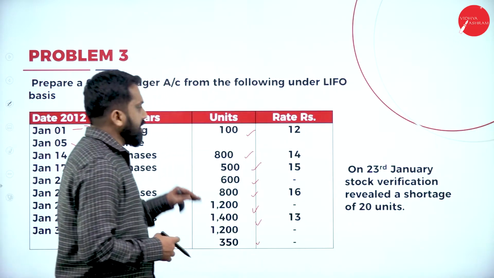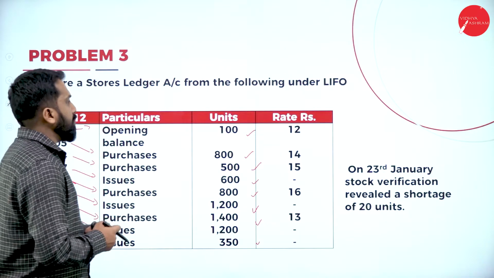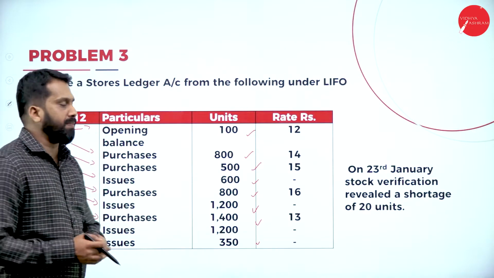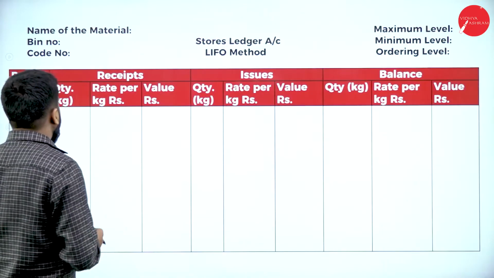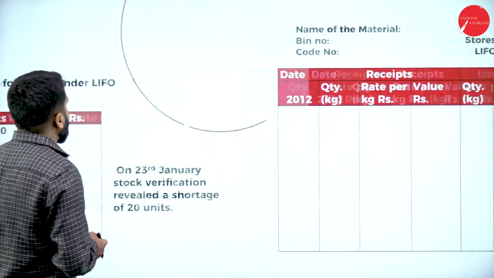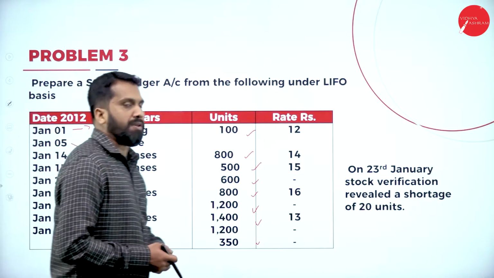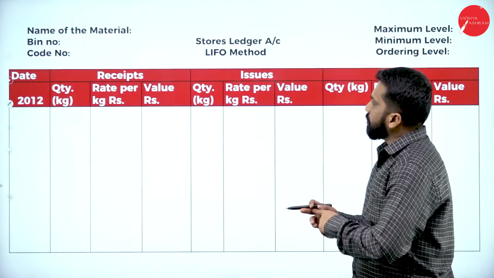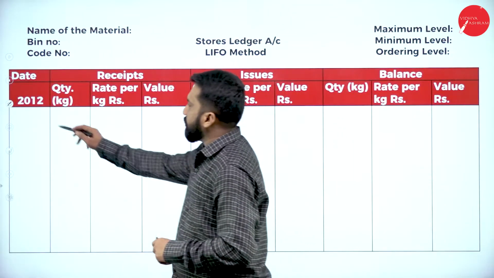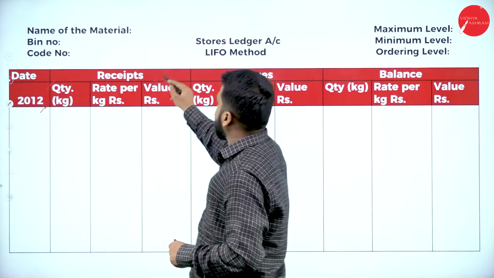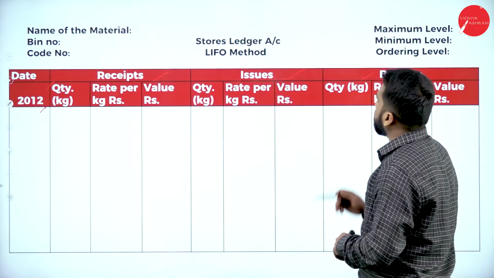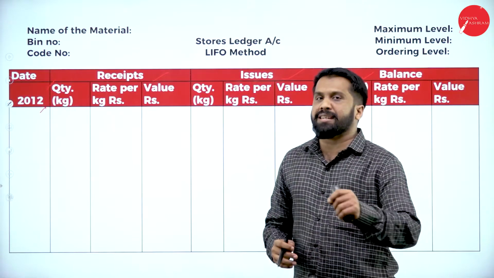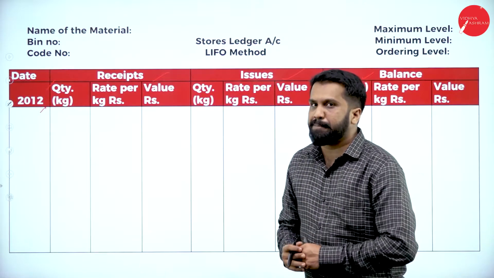So these are the informations we have. We will solve this problem. All the information they have given is for 2012. So the columns should be 2012, date, receipt, issue, and balance. Here we have date, receipt, issue as well as balance.